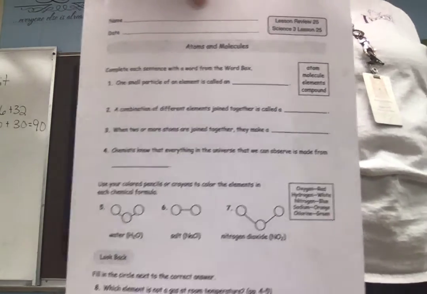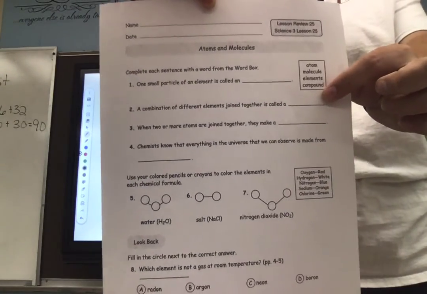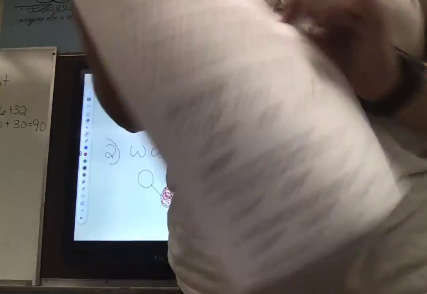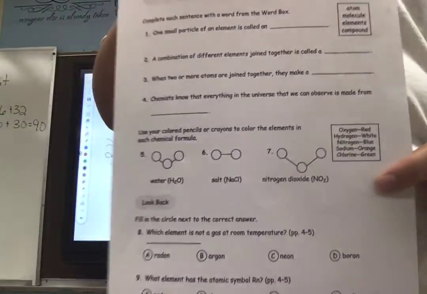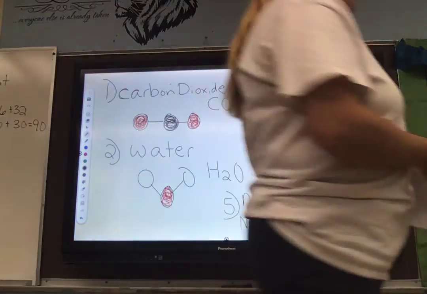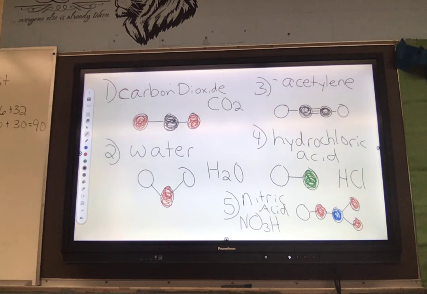Use your book and the things we read about up here to help you on the difference between atom, molecule, elements, and compounds. Then you're coloring down here, and then you have 2 review questions. And that will finish up lesson 25. And that should get all of your science sheets on lesson 25 completely finished and ready to turn in.